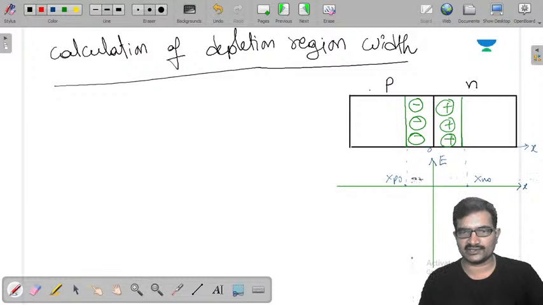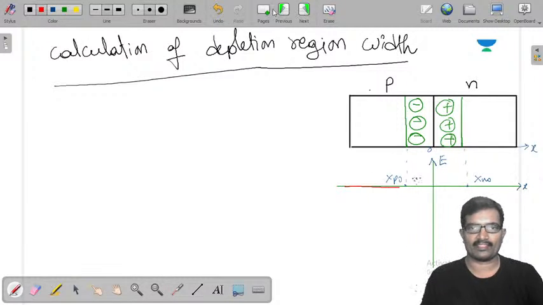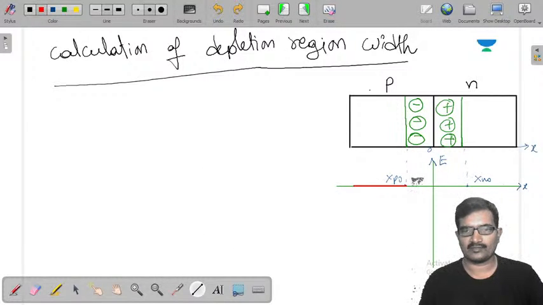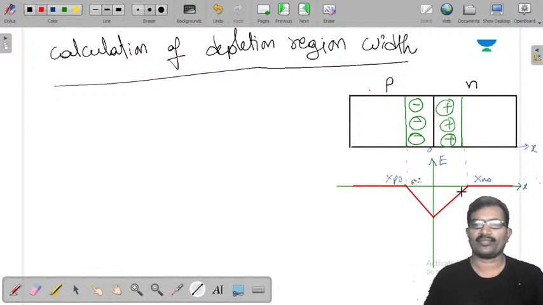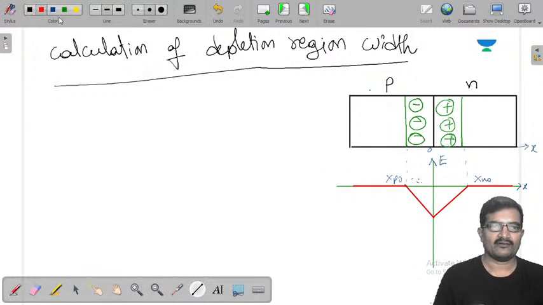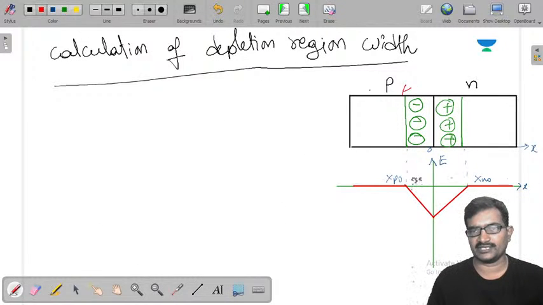Already we drew this, we completed this. So this is the plot we have. And one more thing, this is the depletion region width W0.